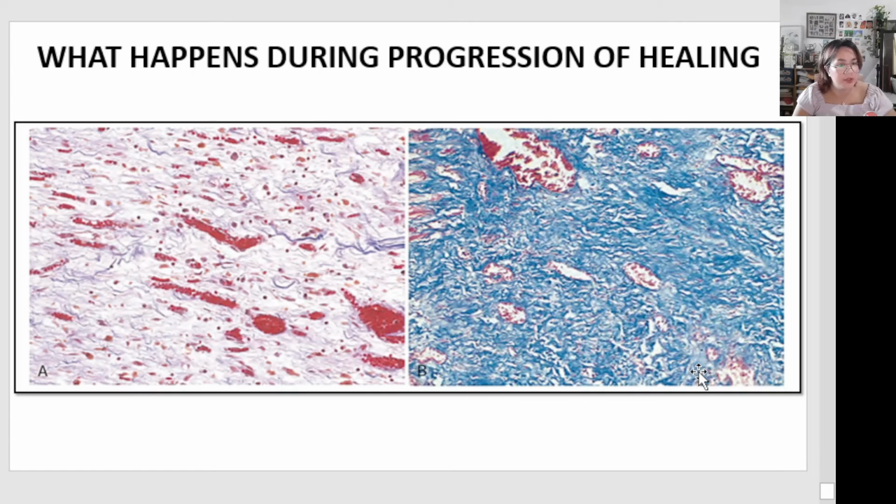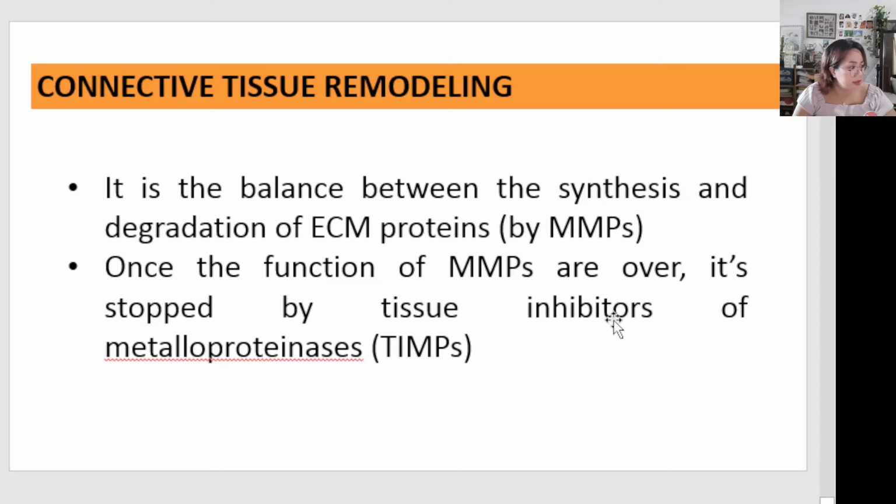Now let us move on to the last step of scar formation, which is the connective tissue remodeling. So the outcome of repair process is influenced by a balance between synthesis and degradation of ECM proteins by MMPs. So after its deposition, the connective tissue in the scar continues to be modified and remodeled.